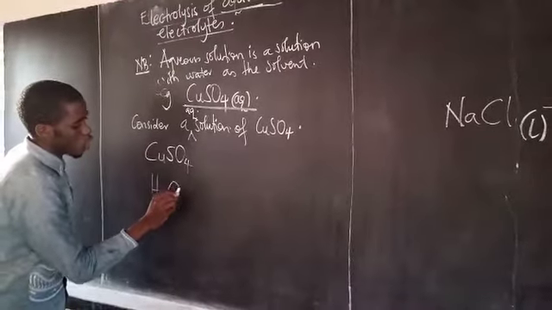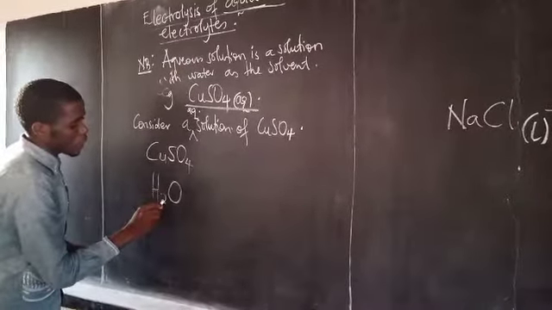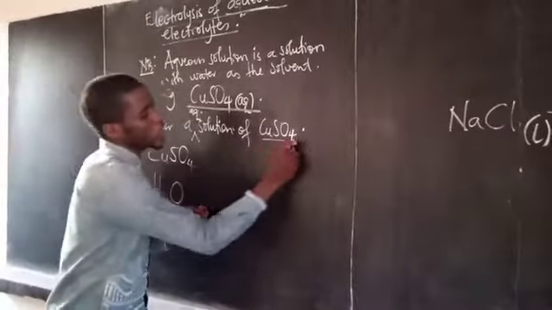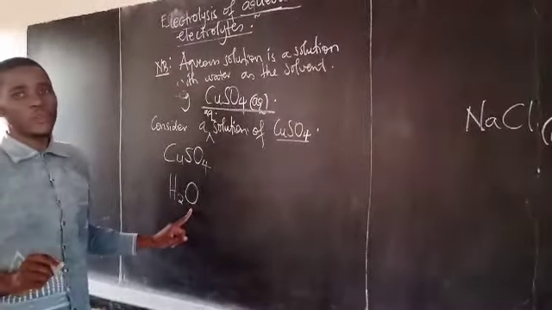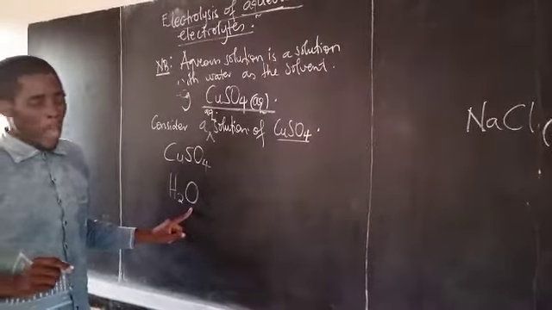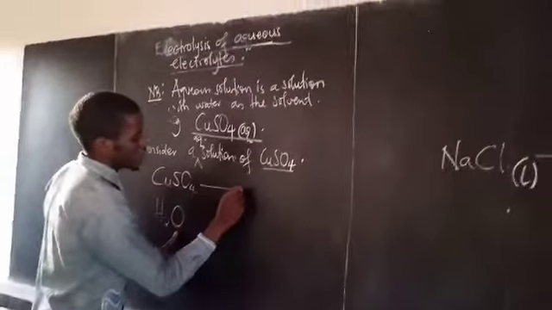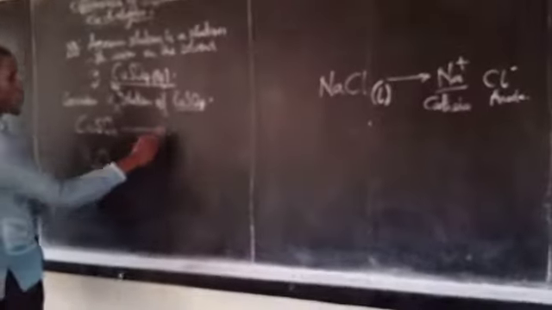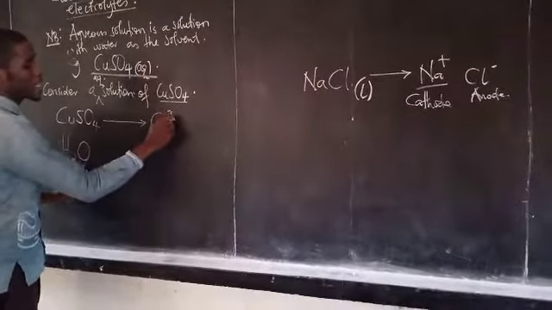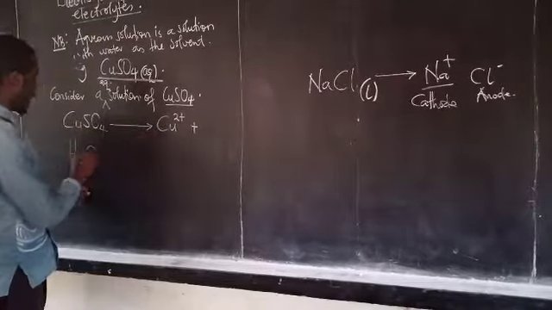Copper 2 sulfate is the solute, and water is the solvent. Whenever copper 2 sulfate is dissolved in water, it can easily break down to form ions. Which ions?